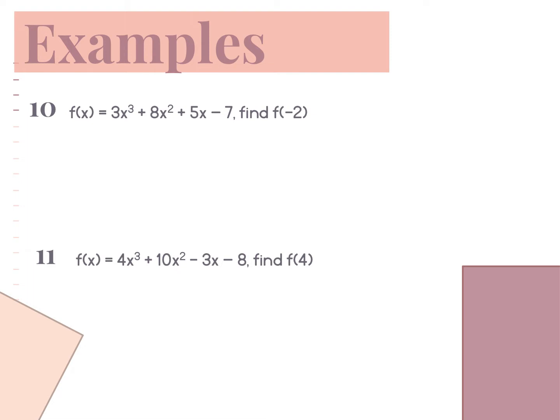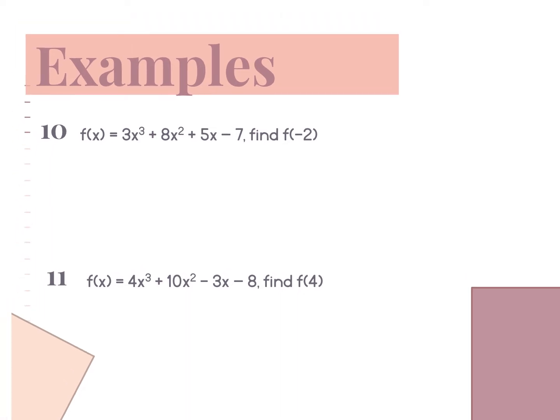Whenever it's asking you to find f of a number, we're going to actually use that exact number because that is the x value. That's our solution. Sometimes they're going to say this number is f of k, if you look back on the other slide. So it says they want us to find when k equals negative 2.